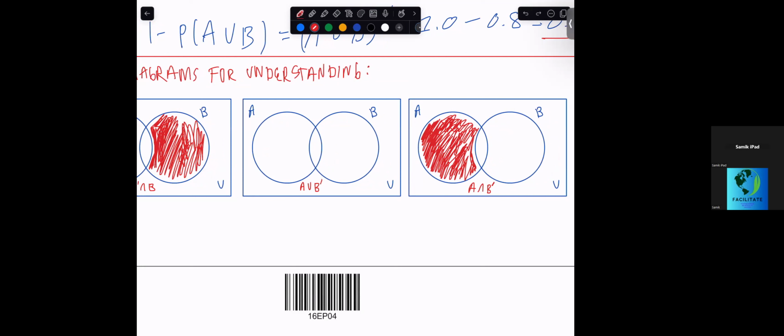Let's say A is physics and B is chemistry, and you only have a sample of 20 students, let's say there's 20 students in the whole thing, and then we have physics is A, chemistry is B.